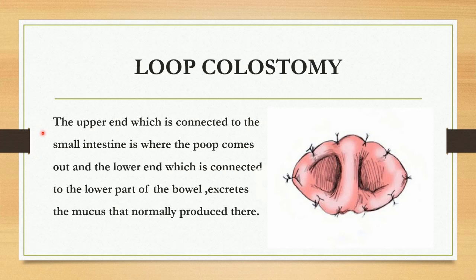The upper end, which is connected to the small intestine, is where the stool comes out, and the lower end, which is connected to the lower part of the bowel, excretes the mucus that is normally produced there. So finally, it looks like this: two stomas while they are still connected.